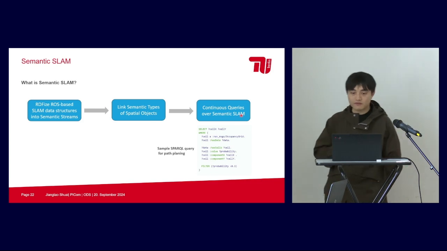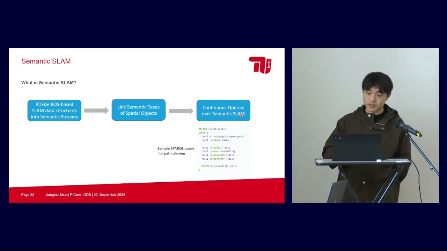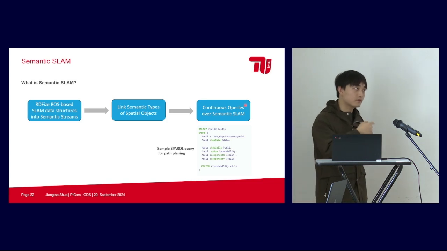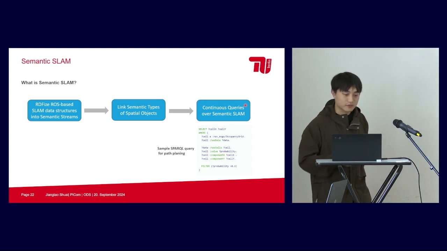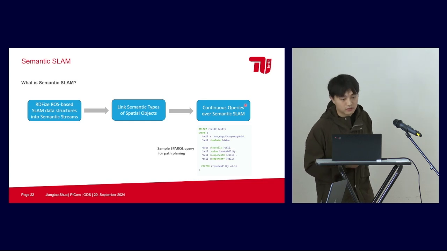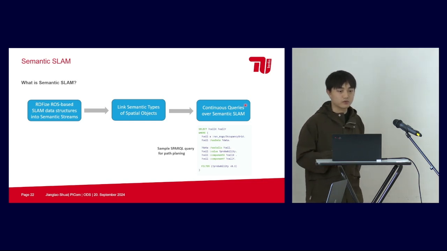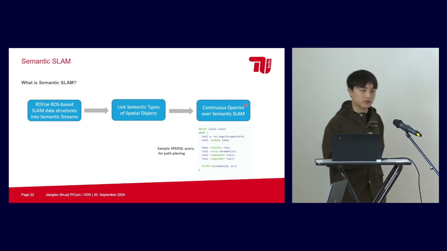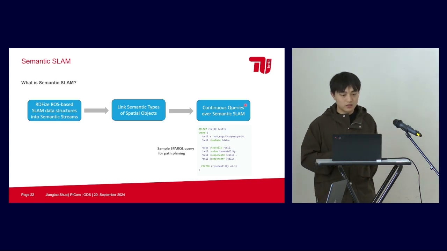So after that, we can finally make queries over the semantic SLAM, like we did for the intersection camera. So here is a sample SPARQL query for path planning. As we said, this semantic SLAM works as a component when you want to do a bigger or more complicated task on the edge devices.